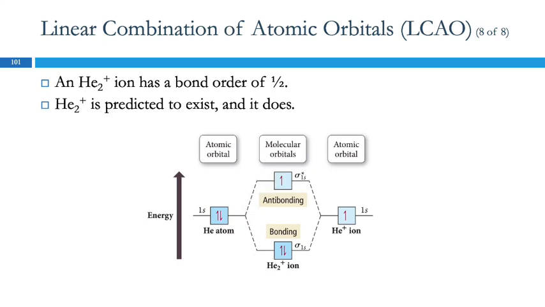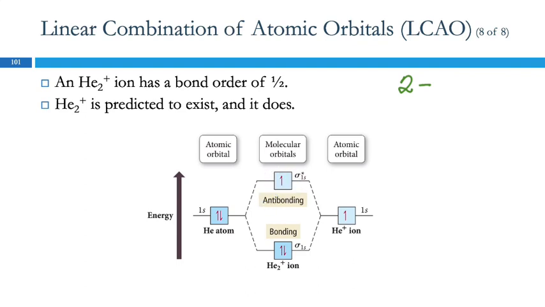The difference here is now we only have 3 electrons to place instead of 4. So the first one goes down here, and the second one goes down there, and the third one goes up here. Okay? Then we calculate the bond order. It's the number of electrons in bonding orbitals. So there's 2. Minus how many in the antibonding?